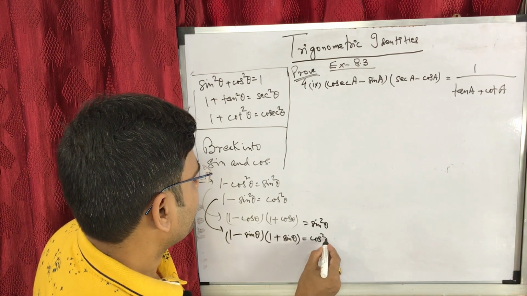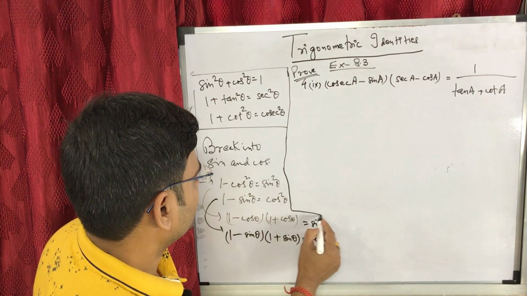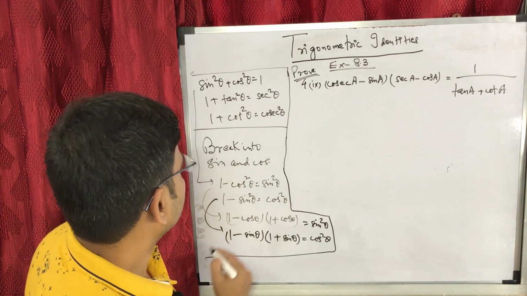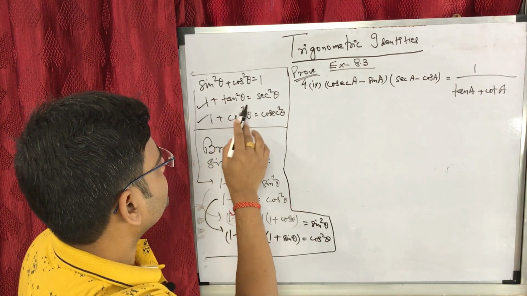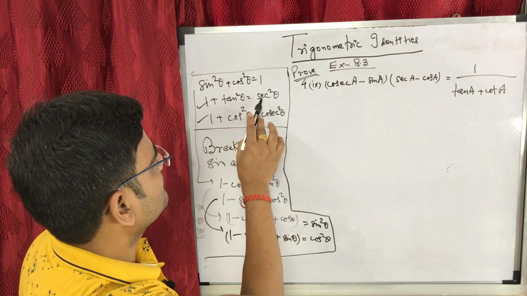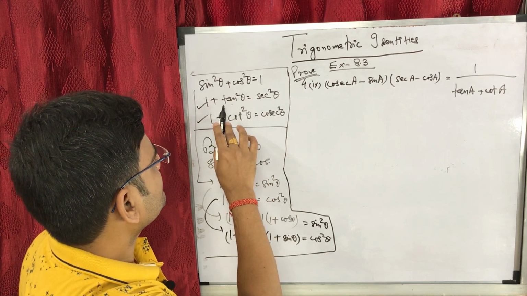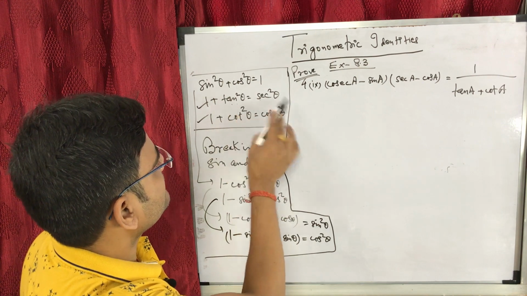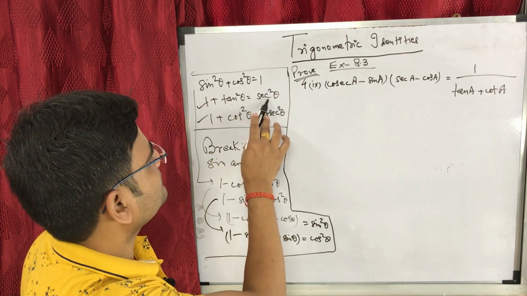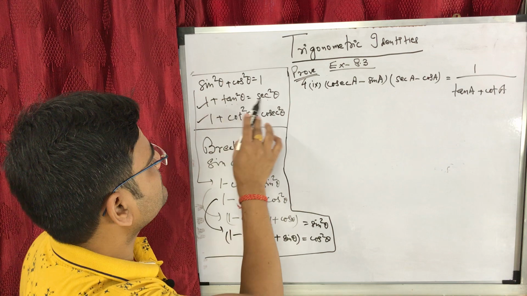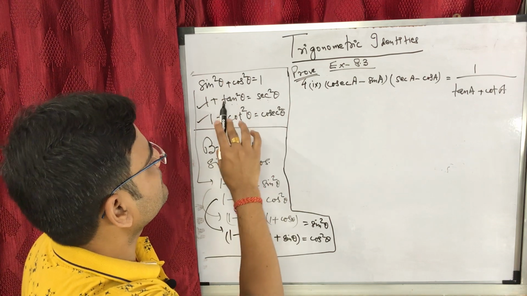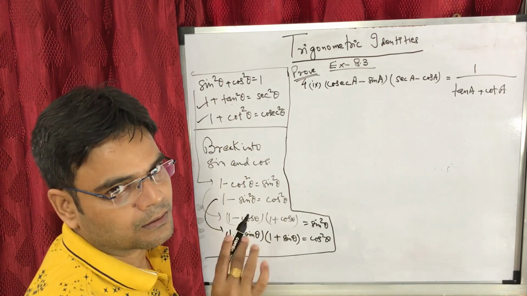Same applies to these two also. Anytime tan square theta can become sec square theta minus 1, and sec square theta minus tan square theta can become 1. If sec square theta minus tan square theta is 1, then sec theta plus tan theta into sec theta minus tan theta is 1.